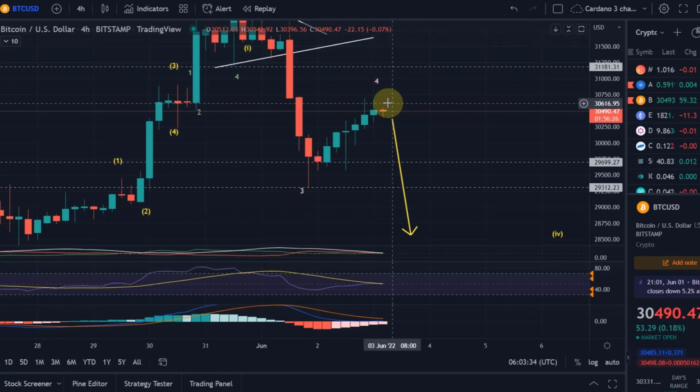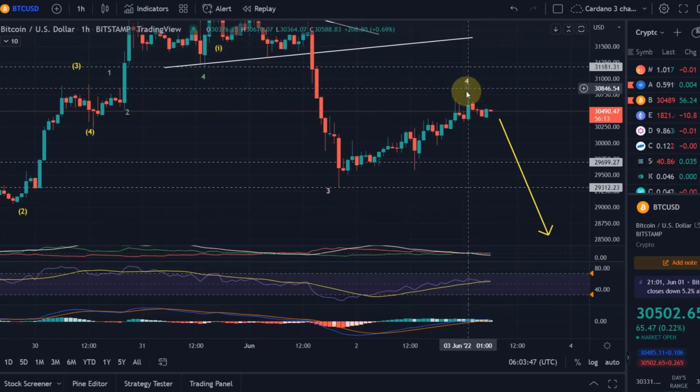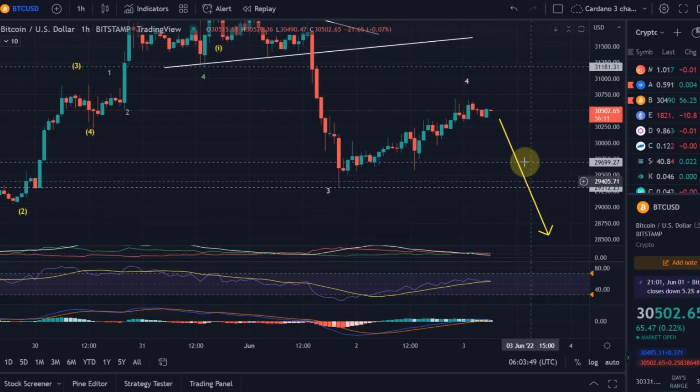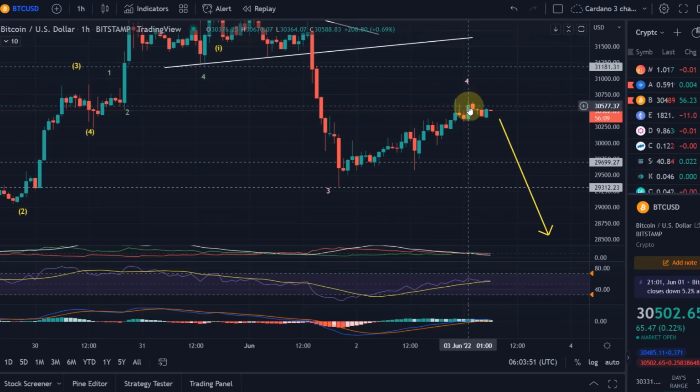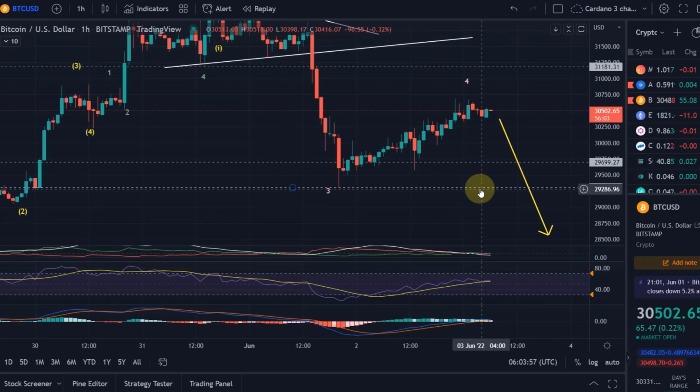So for example, if we now see a bearish engulfing candle, maybe on the 4 or the 1 hour chart, that would really hint towards another move down. That would hint that the wave 4 is now complete. What is important in that case is that we really move down below 29,300.